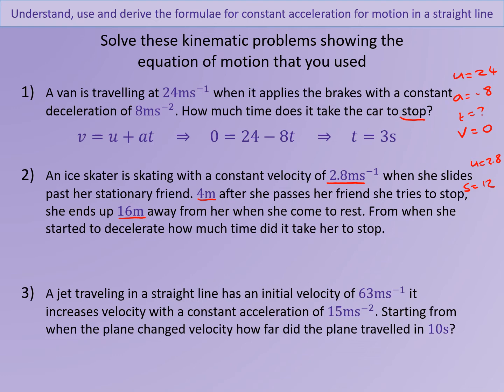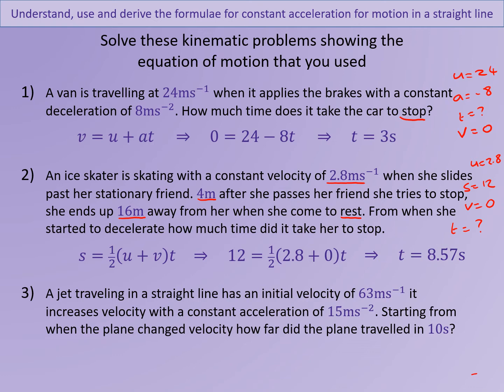She's going to come to rest, so her final velocity will be 0, and we want to know the amount of time it took her to stop. So we're going to look for the formula that involves U, S, V and T. That's this formula here, and substituting in the values and rearranging gives us a time of 8.57 seconds to 3 significant figures.